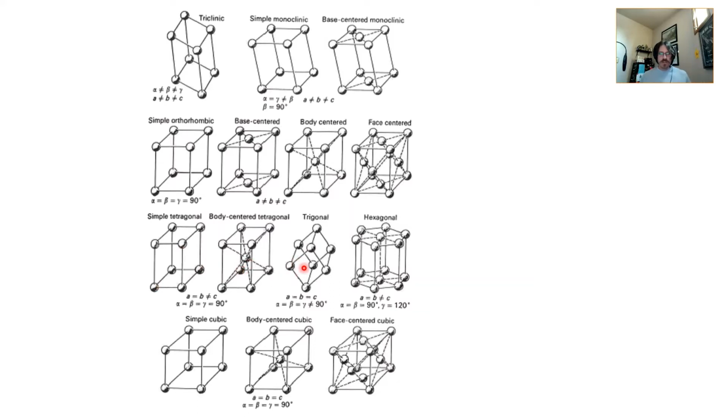Trigonal / rhombohedral, there's only 1, and there's only 1 hexagonal. Some people claim or assert that the trigonal crystal structure is actually a subset of hexagonal. I saw it once in a figure, and I can't visualize it, to be honest with you, but some people probably can because they're all smarter than me. Anyway, simple cubic, body-centered cubic, face-centered cubic. 3 flavors of the cubic system.